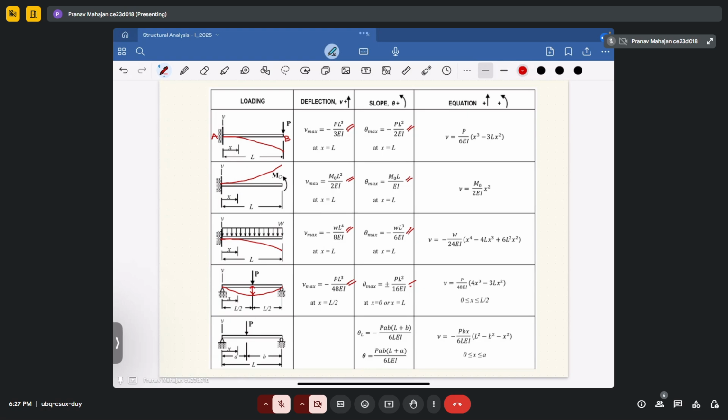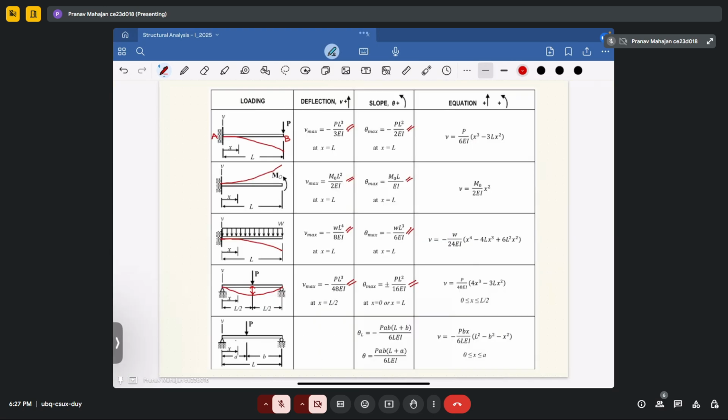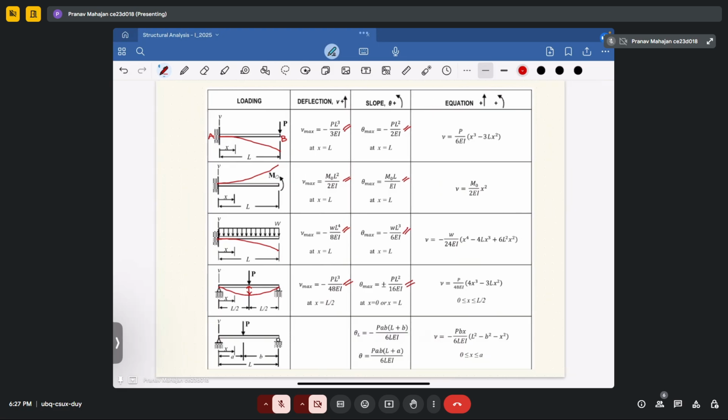So these are some standard problems, and you can take note of all the standard results available for them. For the rest of the cases, suppose you have a point load at a distance A from point A, and at a distance B from point B, then how will you solve?